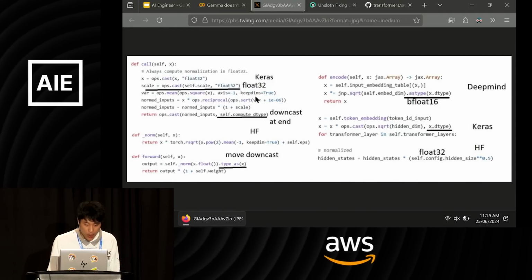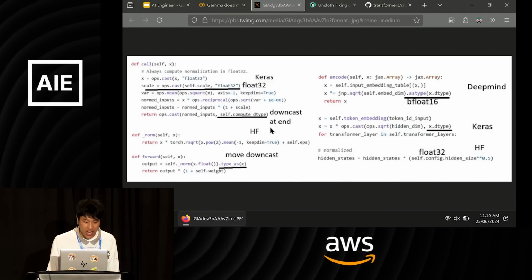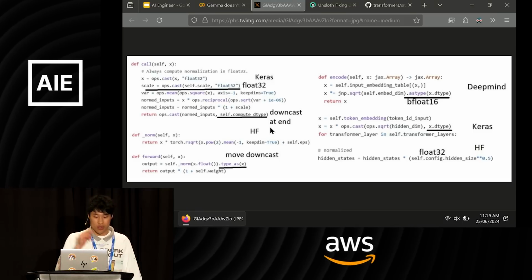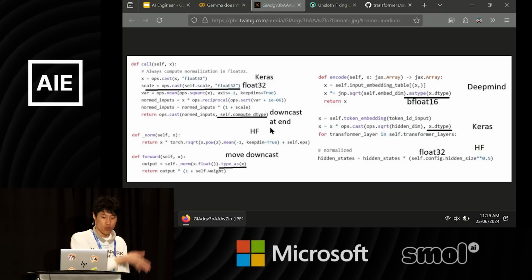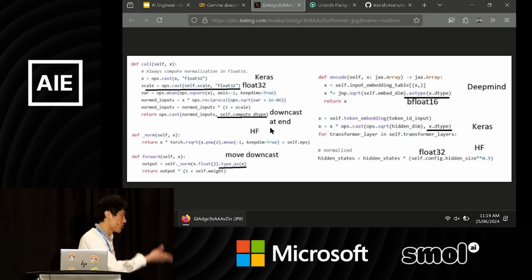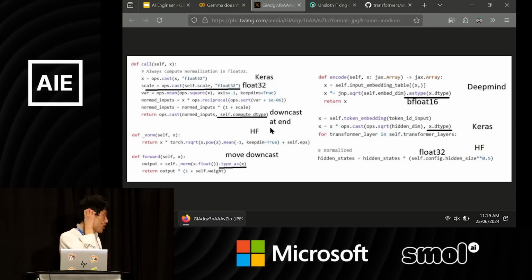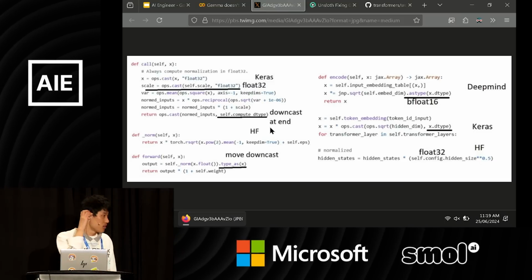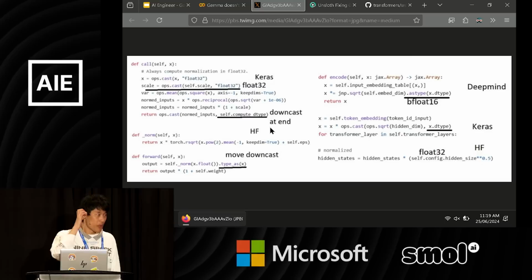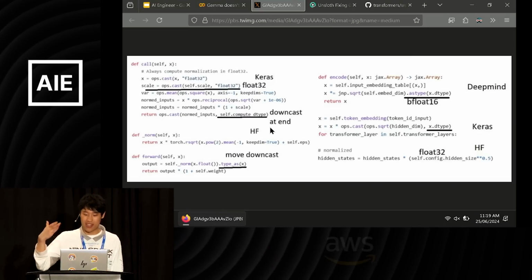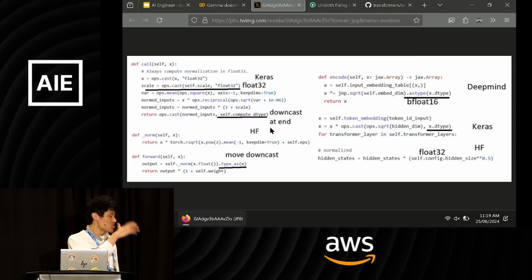But you can see that depending on the model, in Gemma, you have to upcast to float 32 everywhere. You must use float 32 everywhere because the original implementation used float 32. So you must always follow the original implementation. If you don't, you will get somewhat worse results. The problem was other implementations just copied Llama and Mistral's code, and they did not do this.